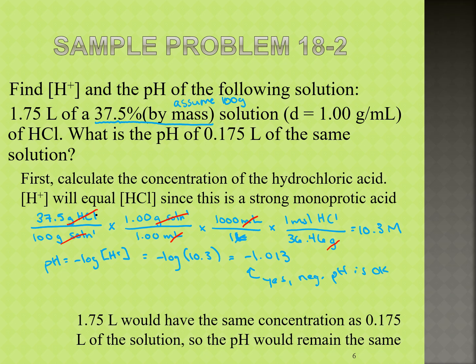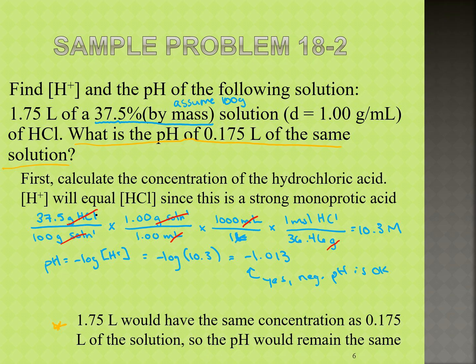The next part of our problem asks, what is the pH of 0.175 liters of the same solution? That's answered down here on the bottom. But just think about it. If you had a bottle of, say, 3 molar hydrochloric acid, and you poured it out into a beaker, and then you walked back over to your lab bench to use it, it's still 3 molar hydrochloric acid.